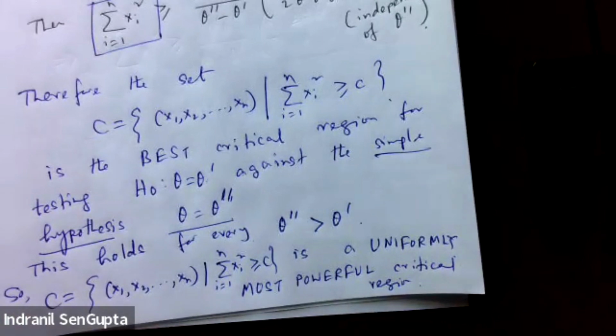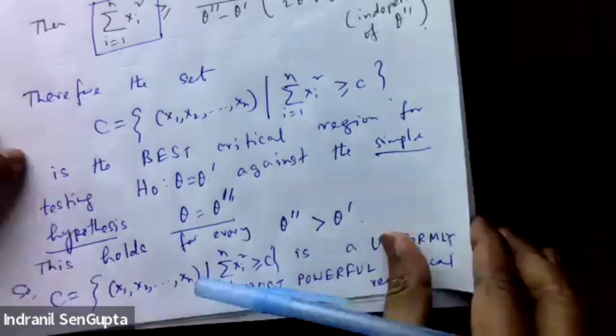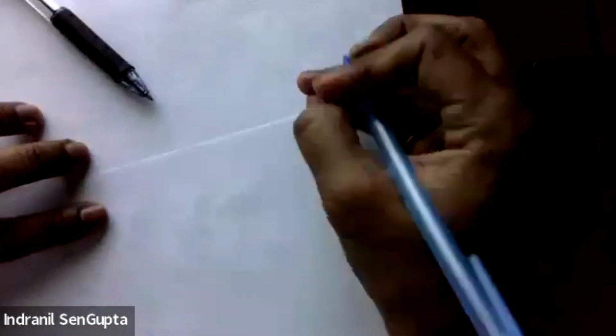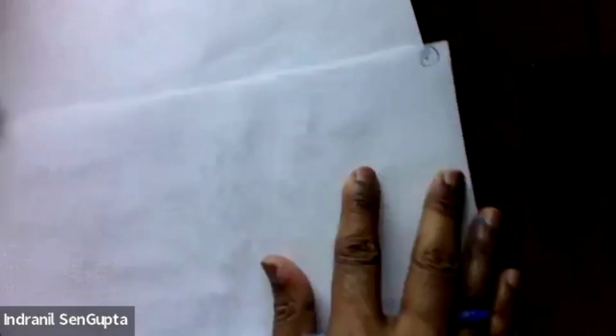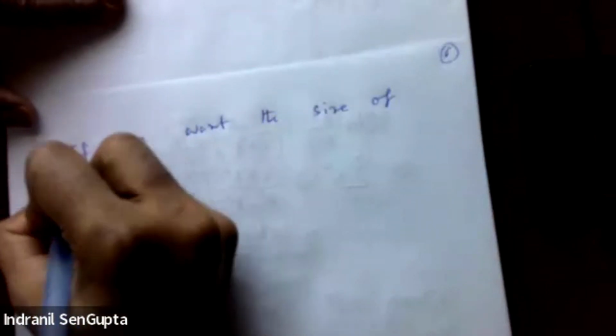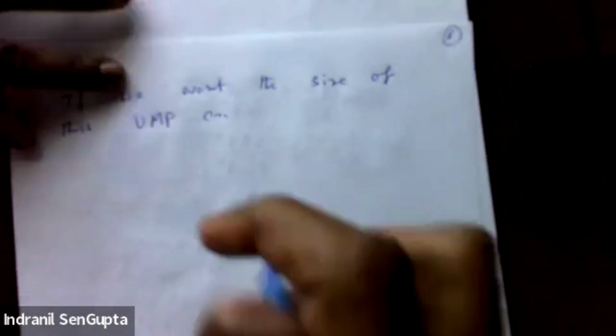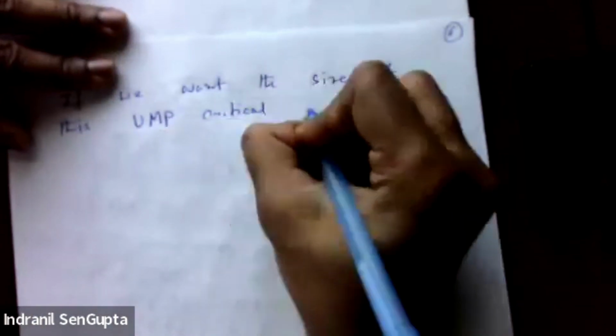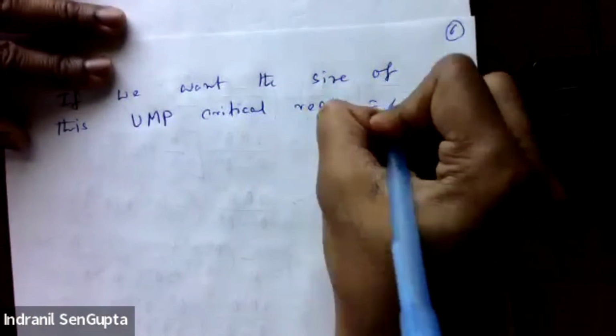Okay, now suppose we want to make it a size alpha. If we want the size of this uniformly most powerful critical region to be equal to alpha.